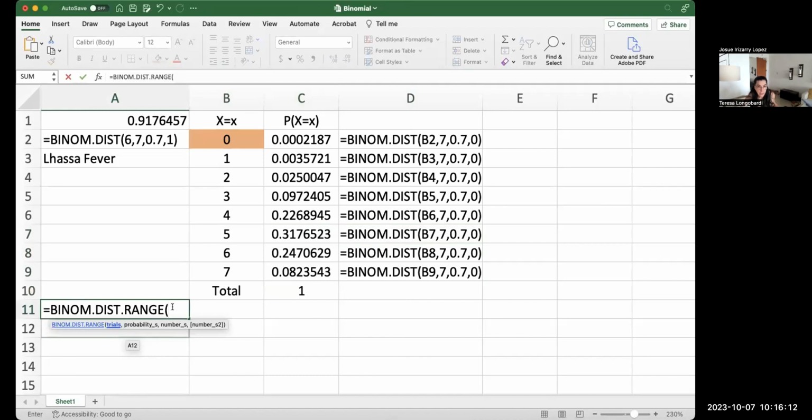So 0 to 6. Trials would be 7. Probability is 0.7. Number s and number s. I guess you can just put all the numbers in that you want. That's what they're trying to say there, I think. So you could do 5, 6, and 7, or let's do this one to check the answer. Then I have to write all of them: 0, 1, 2, 3, 4, 5, 6.